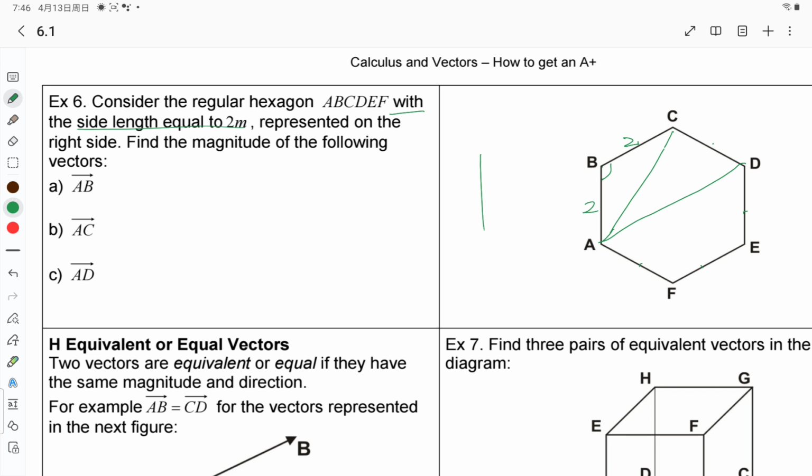It's like a triangle with two sides that are equal, right? And then usually if we know one of these angles, then we can know the length of this part and then the other half, right?